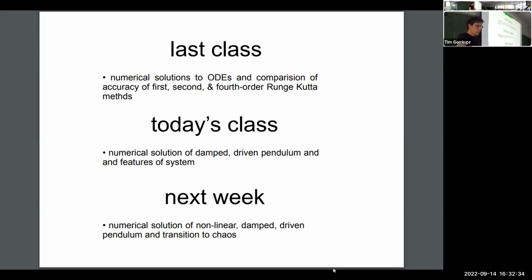And then in next week's classes, we'll return to the damped-driven pendulum in the nonlinear domain, and we'll explore the world of chaos and nonlinear equations, nonlinear dynamics. So a lot of the stuff for today, whilst you might not have solved the damped-driven pendulum numerically, you probably met the pendulum and lightly the damped-driven pendulum in other classes.